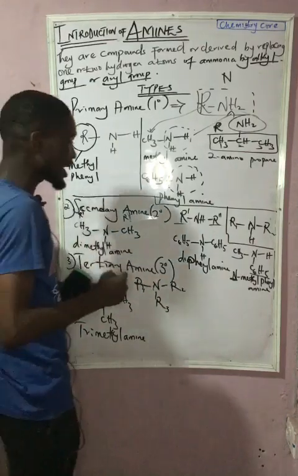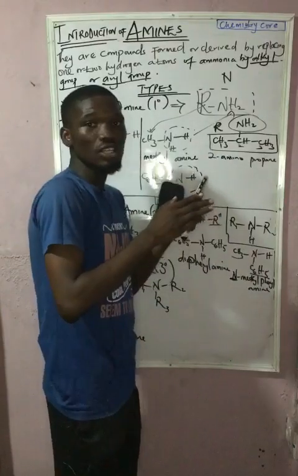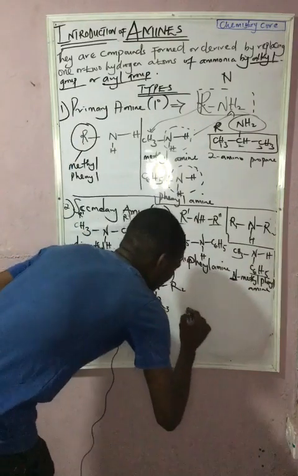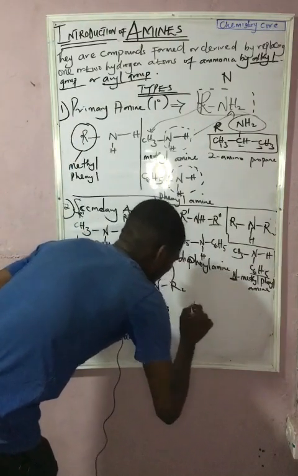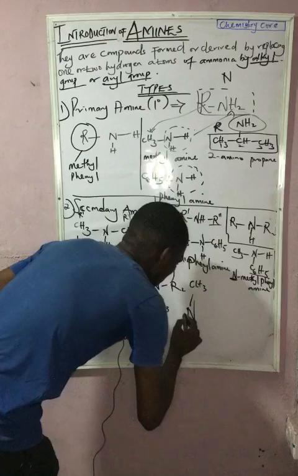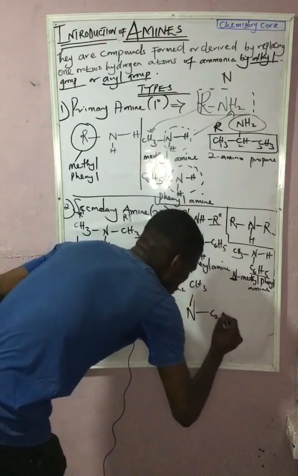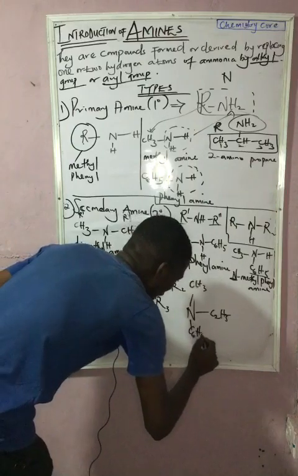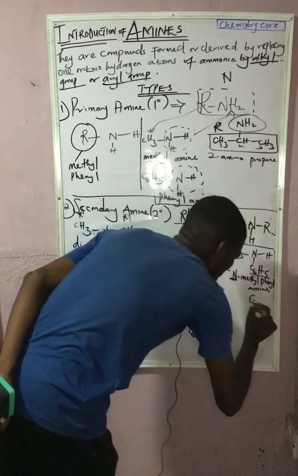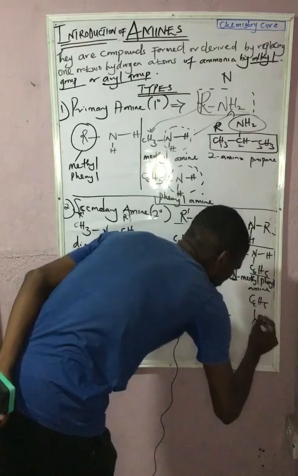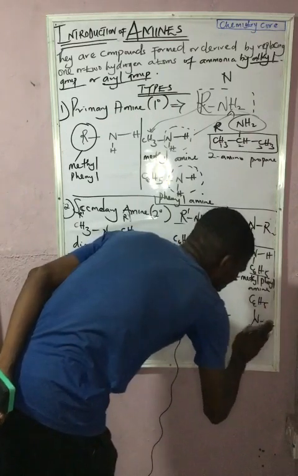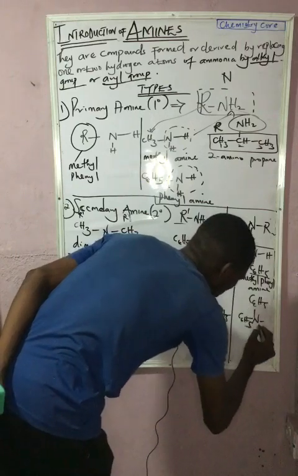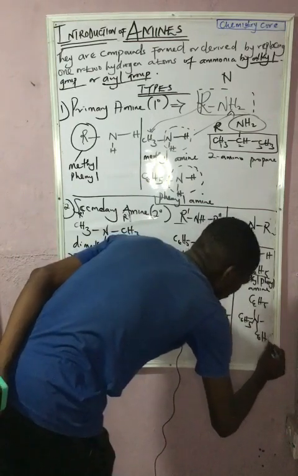So now let's take a look at where we have three different alkyl groups attached to the amine. I have N, here I have CH3, I have C2H5 here, and here I have C6H5. And let's say we have C6H5 again, and another C6H5.